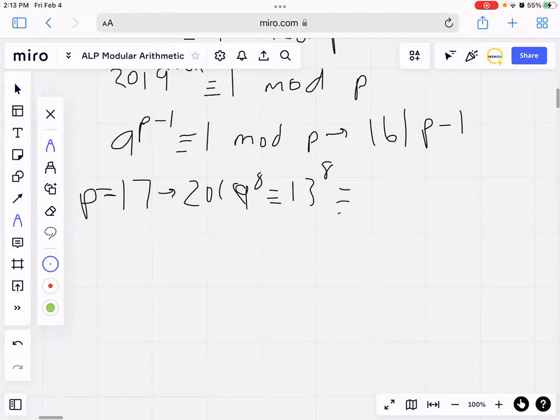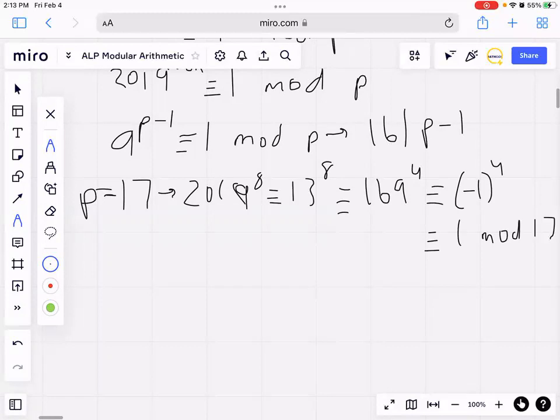Squaring 13, we get 169, and since 170 is divisible by 17, this is congruent to -1, so we get -1 to the power 4, which is 1 mod 17.